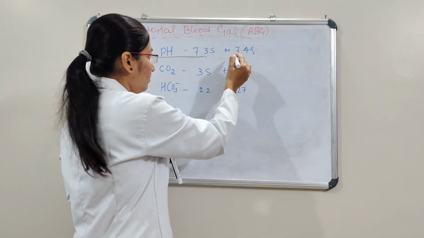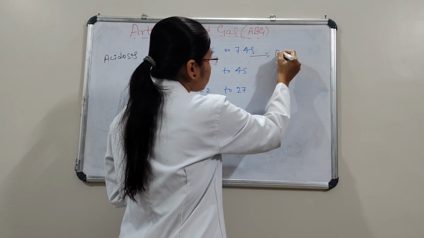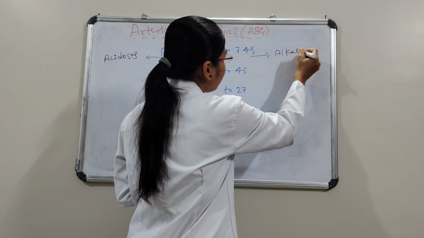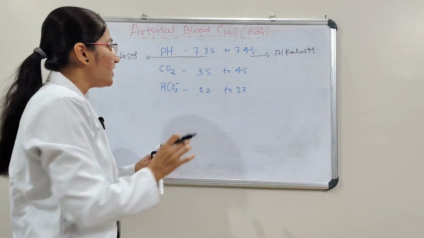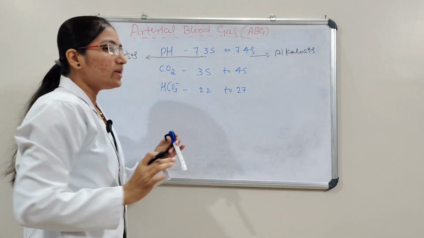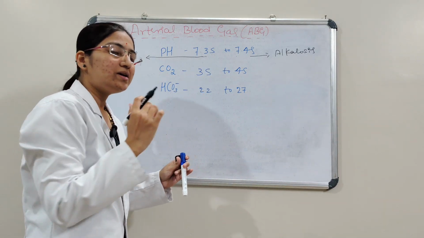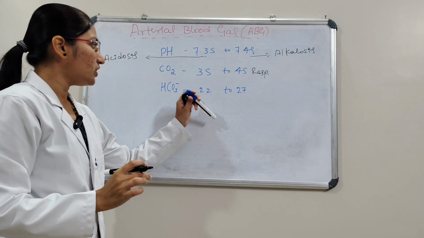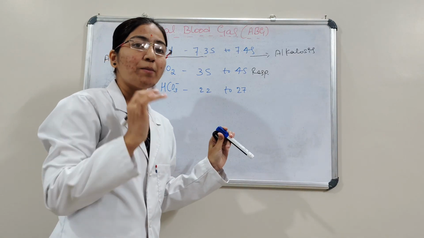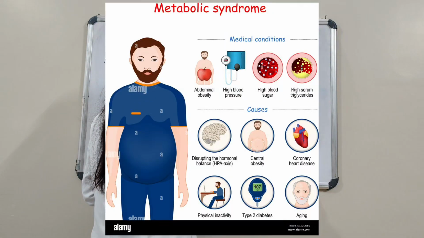If it increases to more than 7.45, the condition is called alkalosis. If CO2 increases or decreases, it refers to a respiratory problem. If bicarbonate increases or decreases, it is related to a metabolic problem.